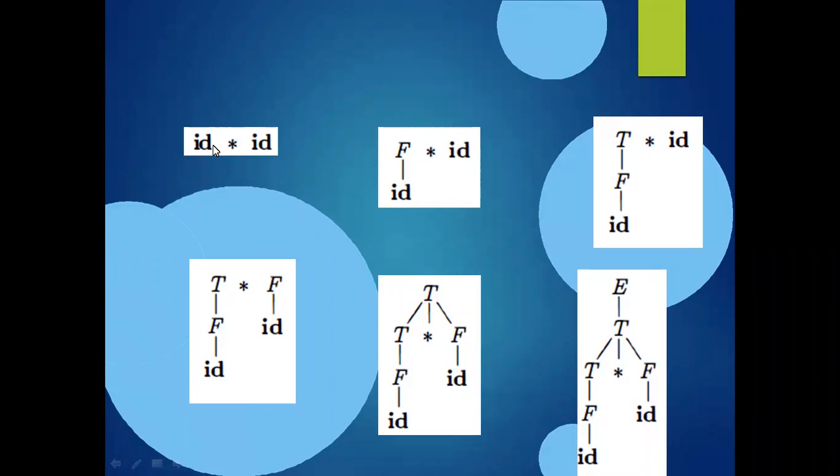See, F tends to ID is one of the rules, right? In the place of this ID, I am replacing the non-terminal F, since F tends to ID.